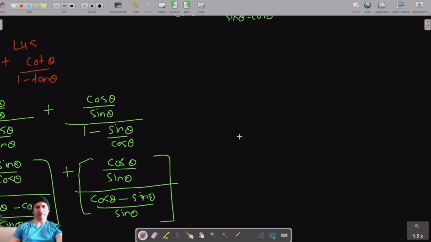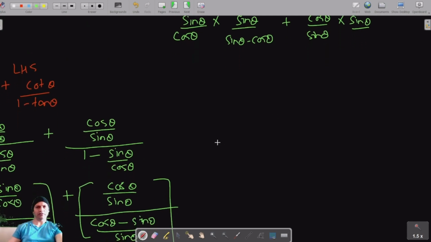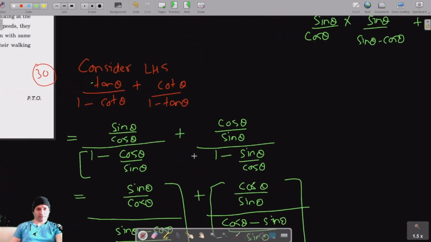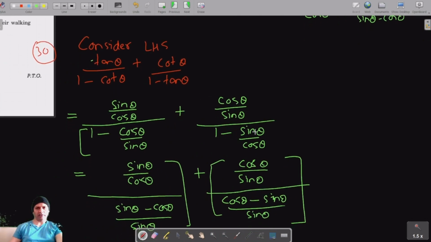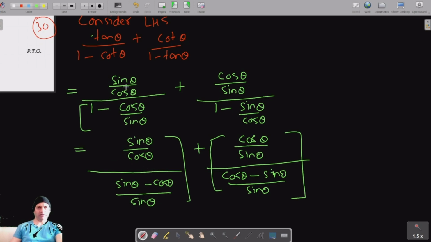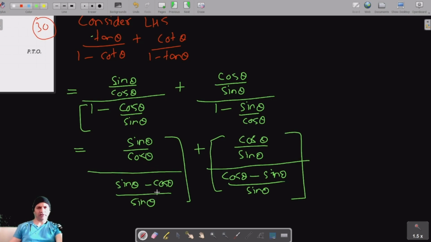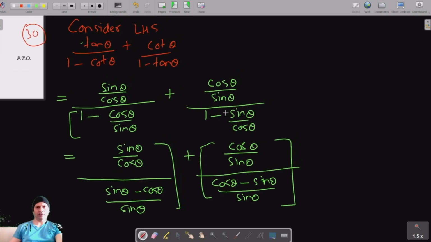by sine theta over 1 minus sine by cos. So sine by cos is tan, which is actually cos theta.